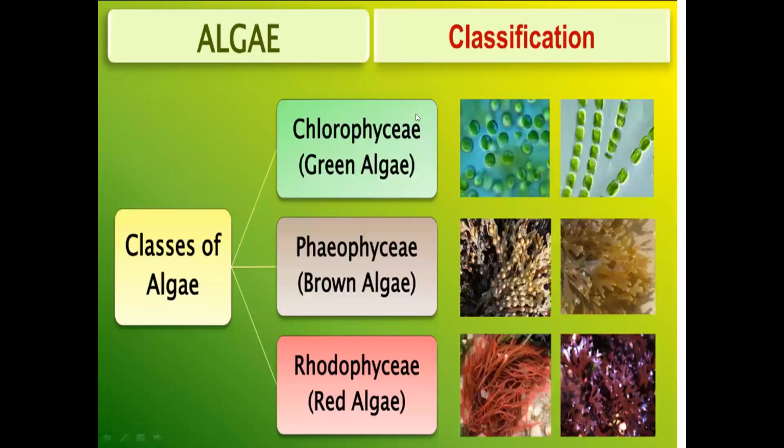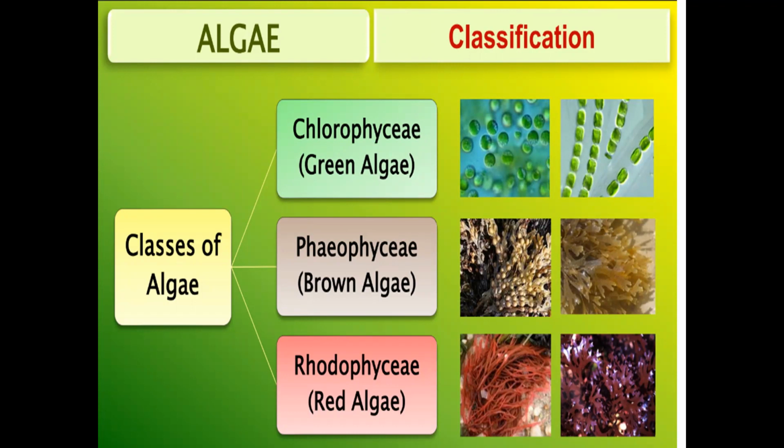Then algal classification: we have Chlorophyceae, Phaeophyceae, and Rhodophyceae, under classes of algae. You know the classification: first kingdom, then what is there? Phylum.